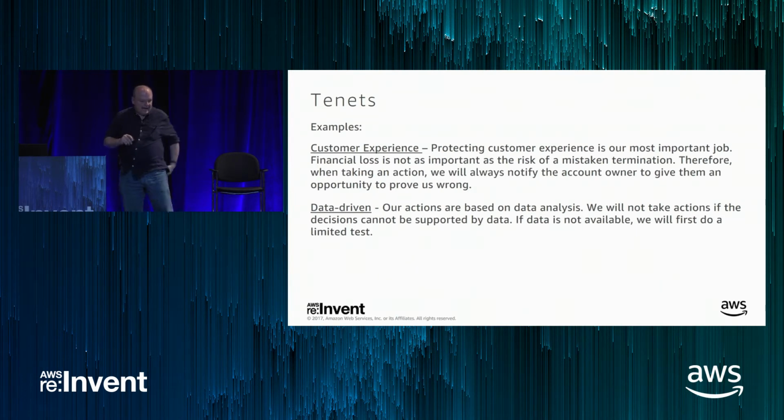And these are ones that are actual tenets that we've used in some of our fraud-fighting initiatives before. So financial loss is not as important as the risk of a mistaken termination. It's a pretty bold statement. What if the financial loss is so high you don't have a business anymore? Right? So we're very clear.